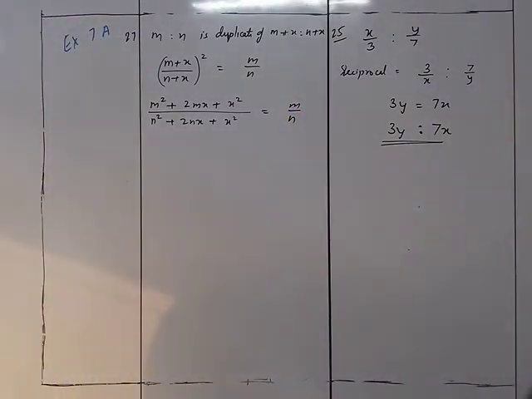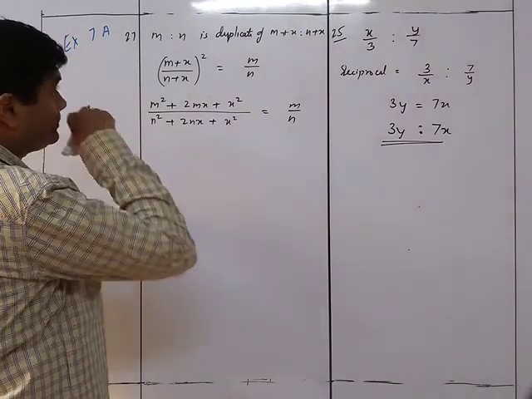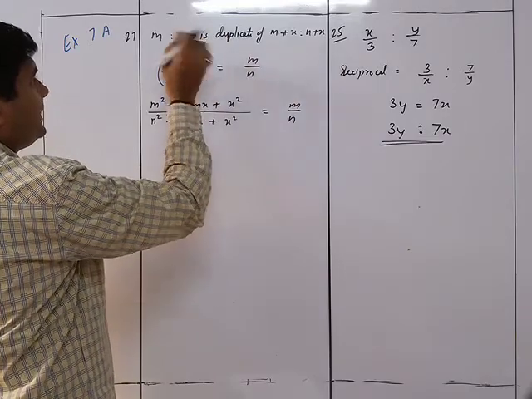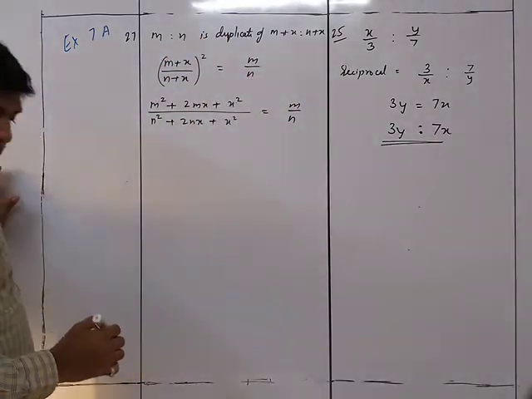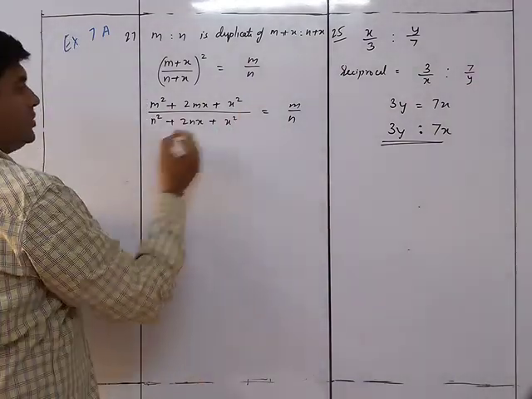Let me see whether I am going correctly or not, because that should be correct, right? m and n is the duplicate ratio of this, so this is the duplicate of this. Now we need to find out that x square is equal to something. So let's cross multiply over here.